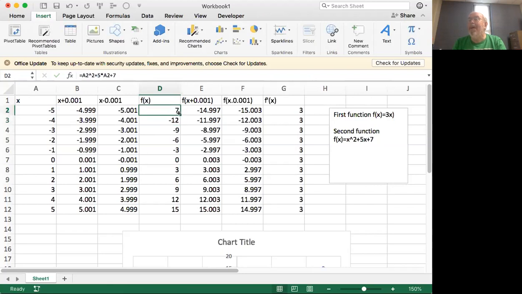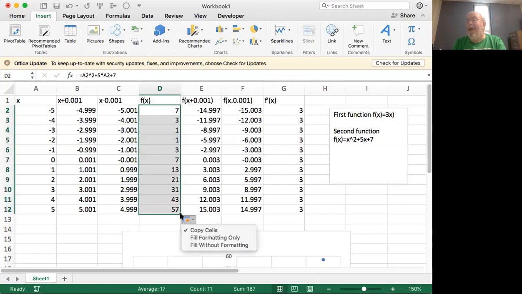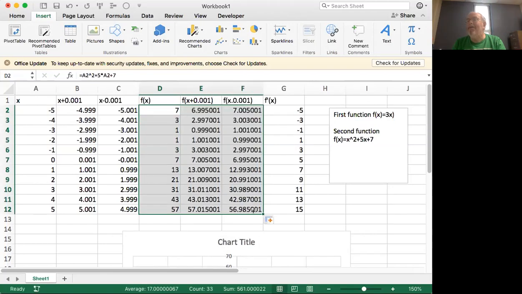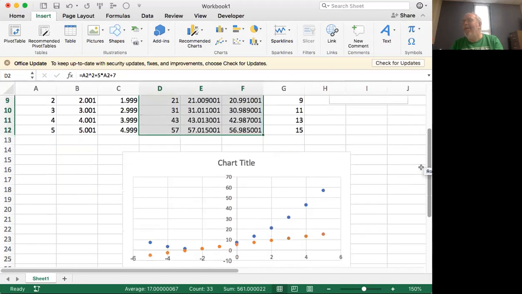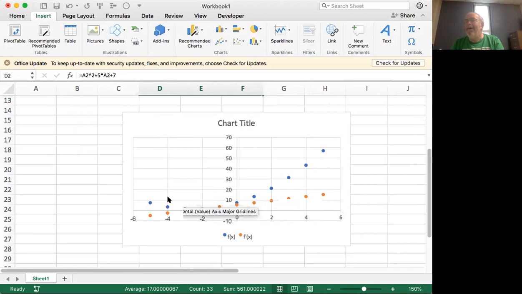Then I simply take this and quick fill, and it will appropriately change the formula for the cells and go to the B's and C's as well. And now when I look at it, my function, my blue function, is a parabola, and my derivative is a straight line.